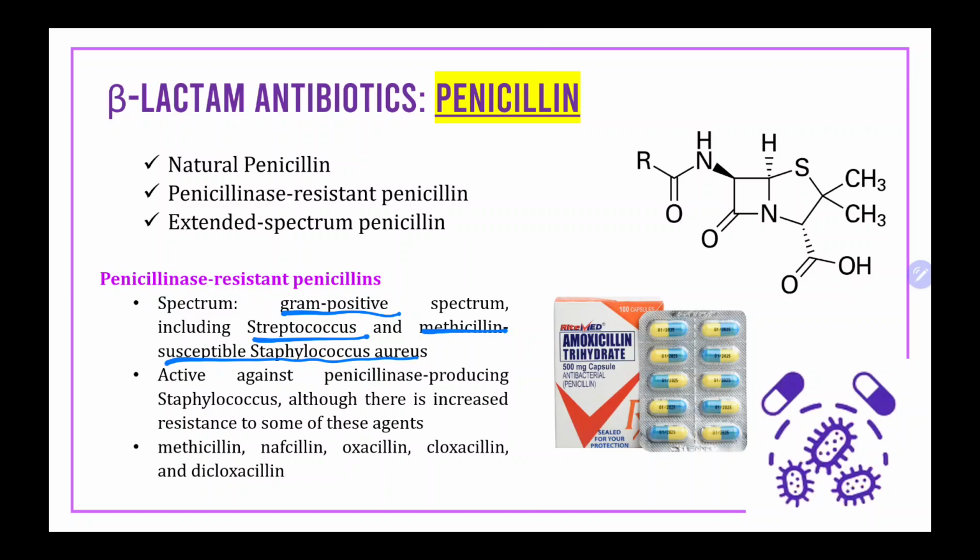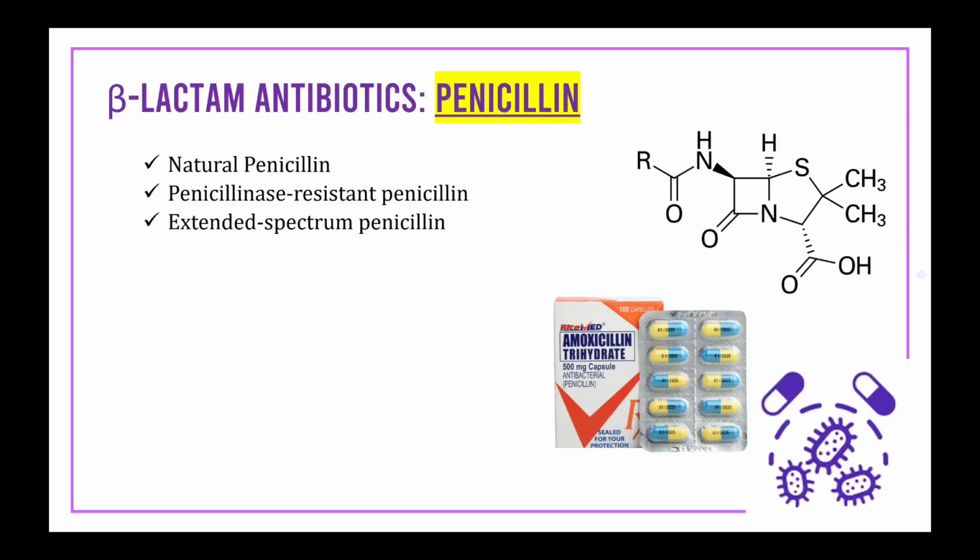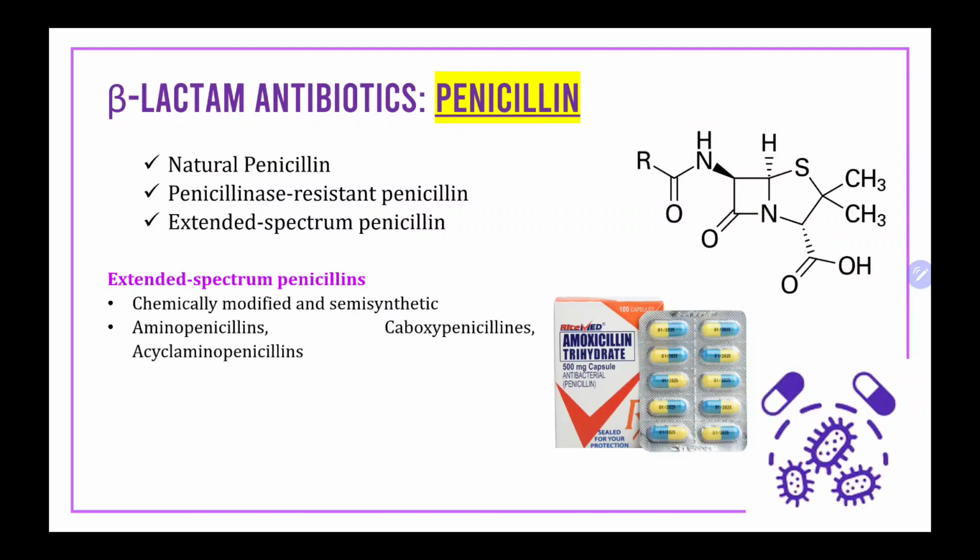Examples of your penicillinase-resistant penicillins are your methicillin, nafcillin, oxacillin, cloxacillin, and dicloxacillin. And lastly, when we say extended spectrum penicillins, these are chemically modified and semi-synthetic. Examples are your aminopenicillins, carboxypenicillins, and acylaminopenicillins.